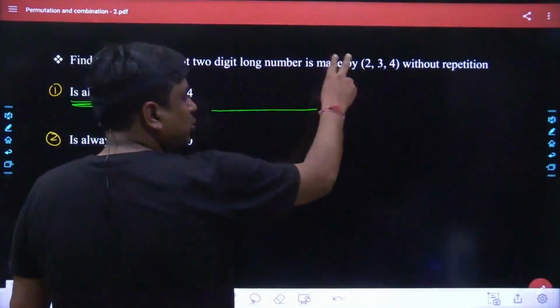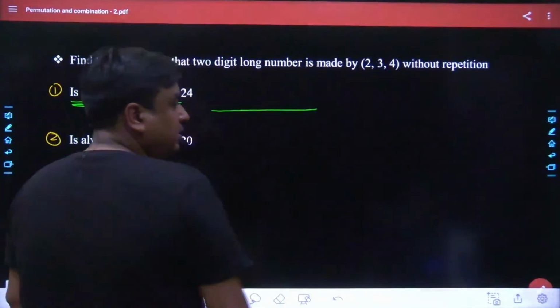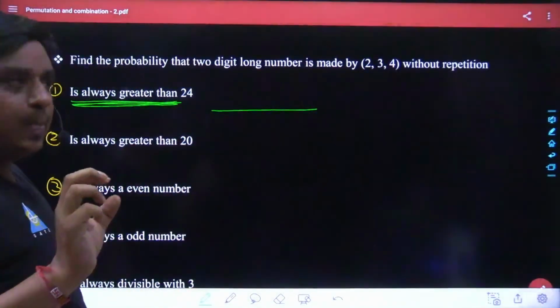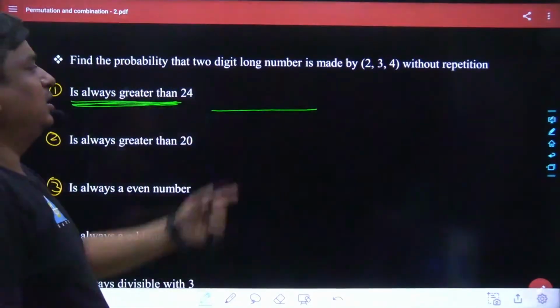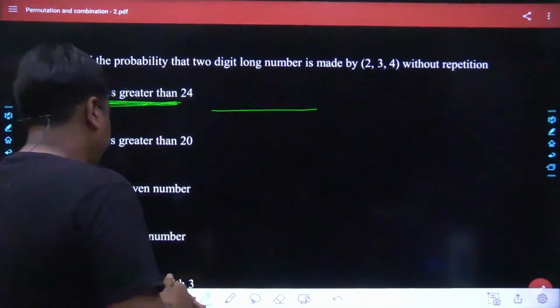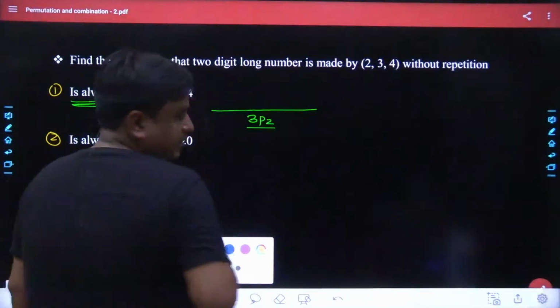If you select 2 and 3, 2 then 3 makes 23, 3 then 2 makes 32. So the number of different ways the 2-digit number could be formed from these 3 digits is 3p2. Nobody should have any doubt as such.